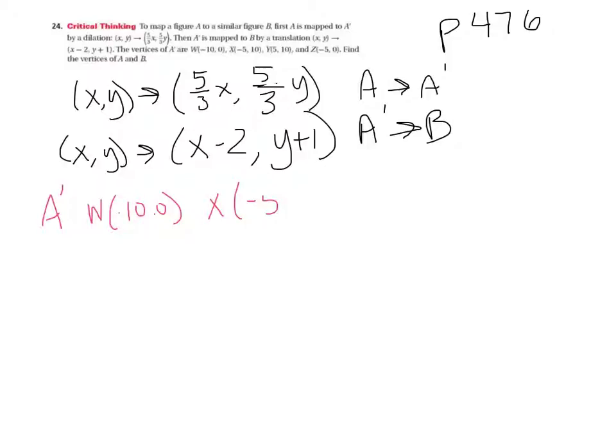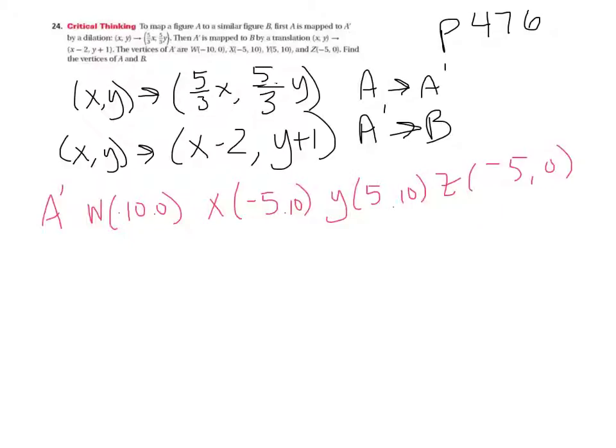X is -5, 10. Y is at 5, 10, and then Z is -5, 0. So I have the middle coordinates. I need to go backwards a step with my 5/3 dilation and then go forwards a step with the translation.